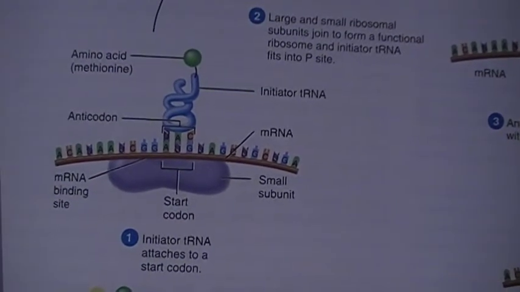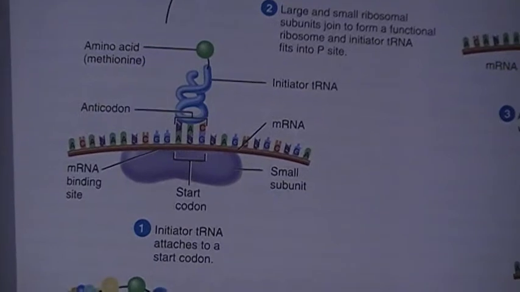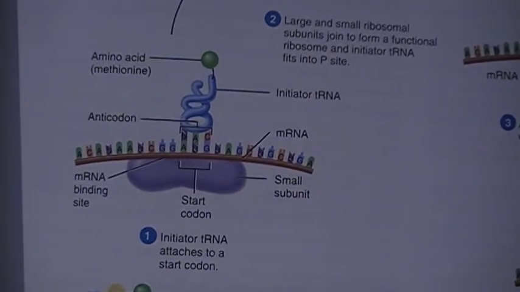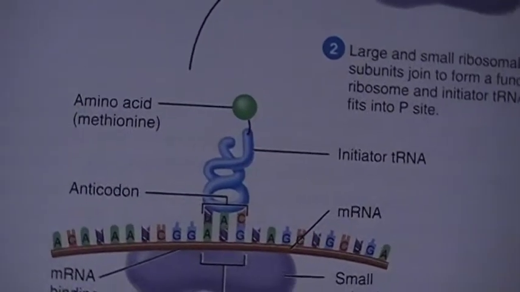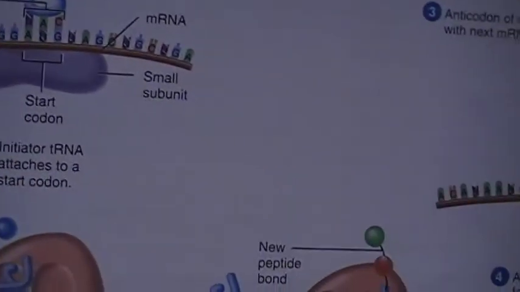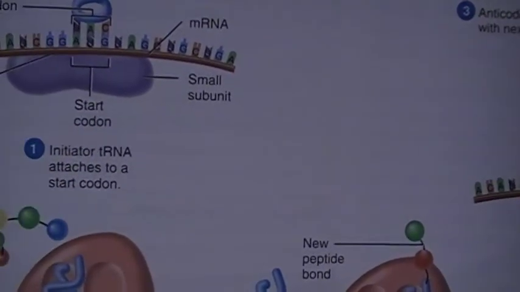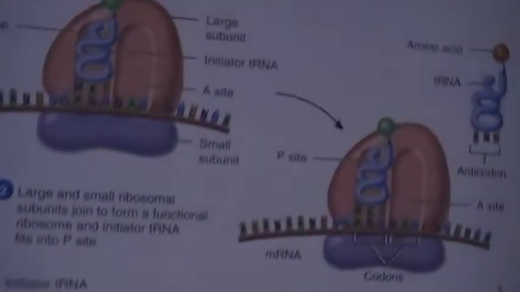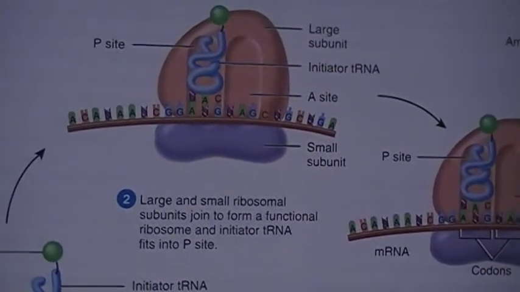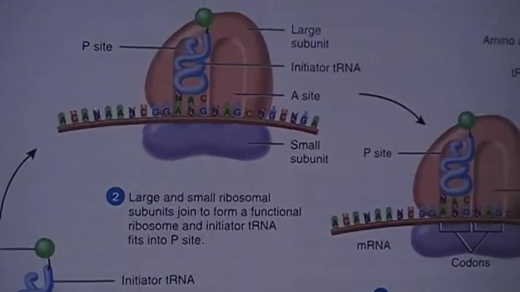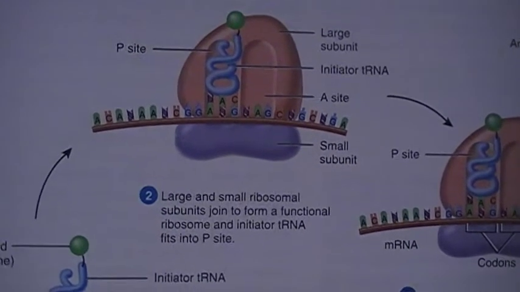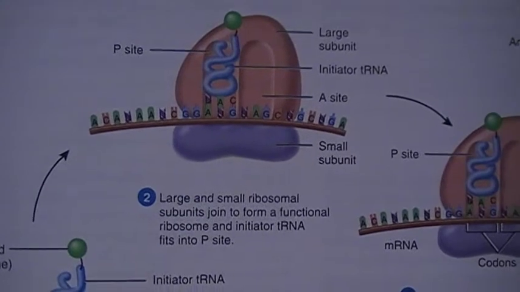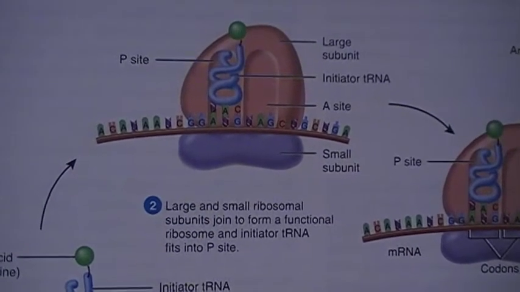The amino acid there is methionine. Initiator tRNA attaches to a start codon. Large and small ribosomal subunits join to form a functional ribosome.